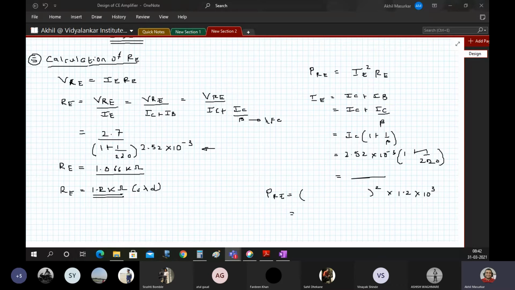Yes, I am waiting for the answer. So it's going to be almost equal to 2.52 only, because beta is very large.